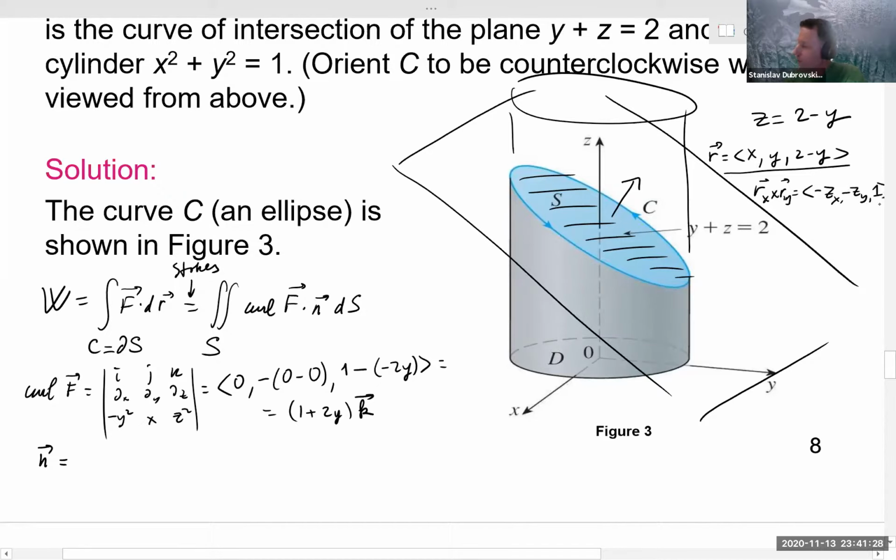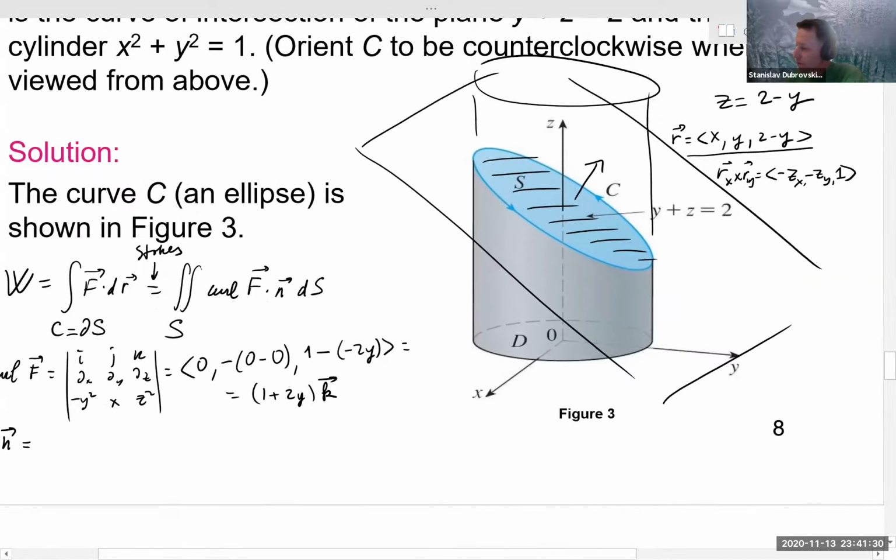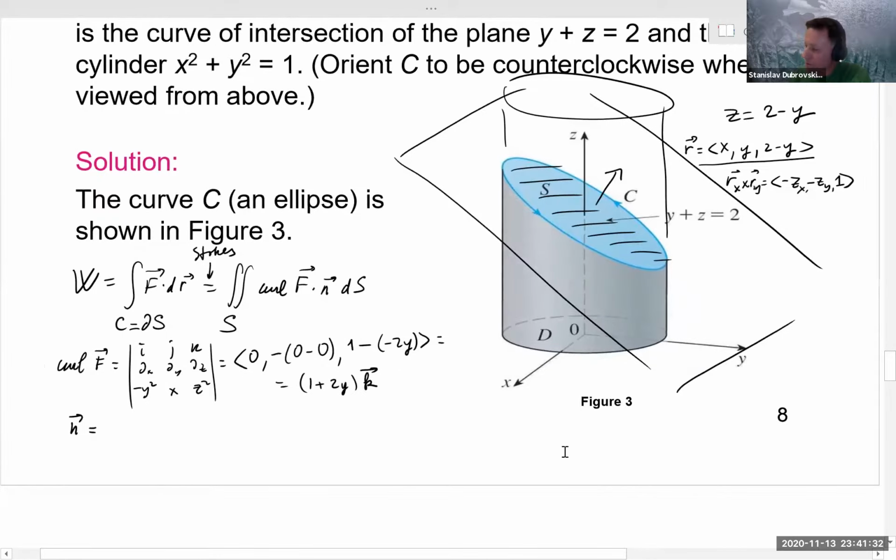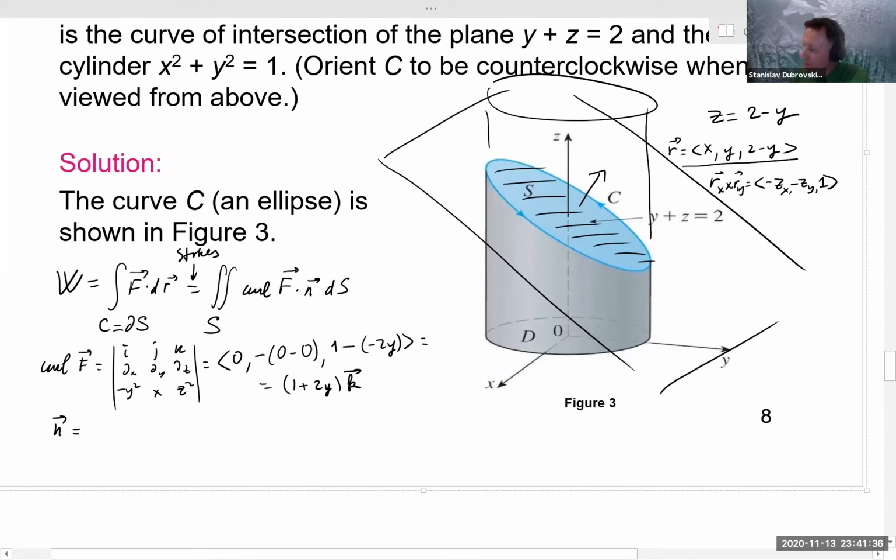And then we have to divide by the magnitude of this vector. So let's calculate. Minus Zx, partial x is 0, partial y, z with respect to y is negative 1. So we have minus minus 1.